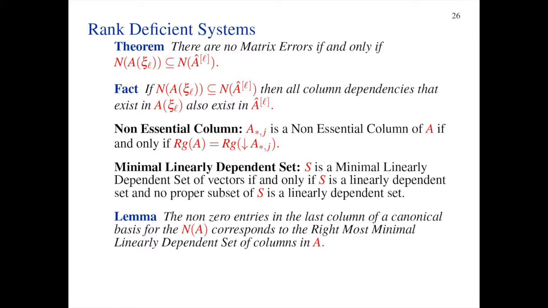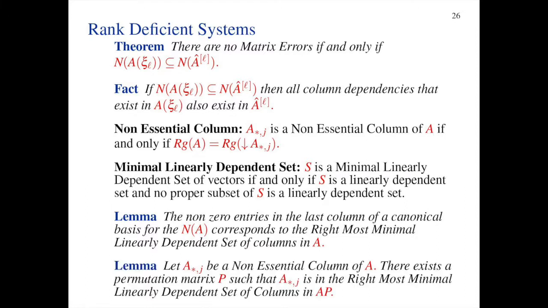And we're saying that those non-zero entries correspond to, in the matrix, the rightmost linearly dependent set of columns. So if you were to place the columns into a set starting from the right side, until you get a minimal linearly dependent set, that is the non-zero entries in this last column of the column echelon form.